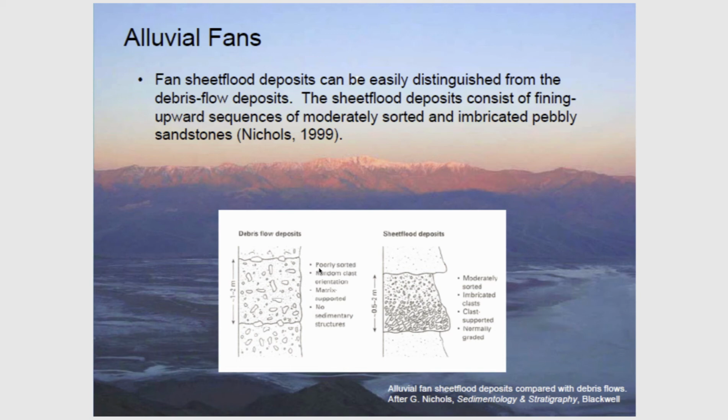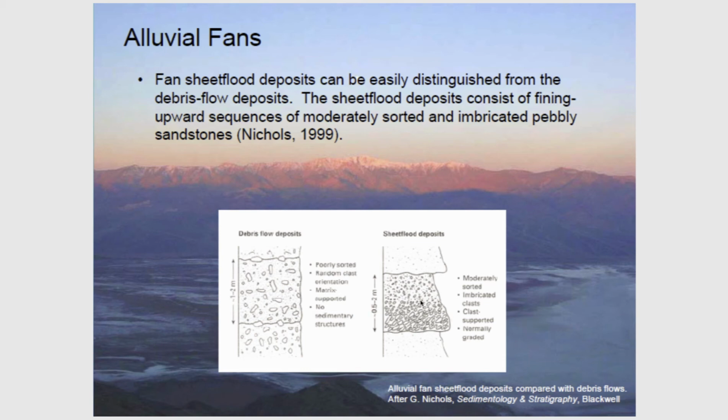We have a random orientation of the clasts, and most of the clasts are matrix supported, and we don't have any clear sedimentary structure in them, except for these scavenging surfaces or erosional surfaces that occur because they are recording multiple debris flows. On this side you have the sheet flow deposits, and these will have characteristic imbricated clasts.